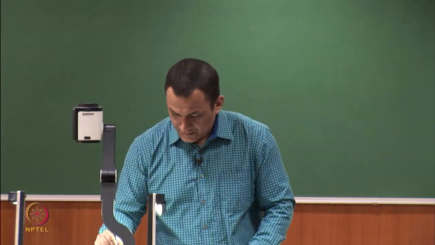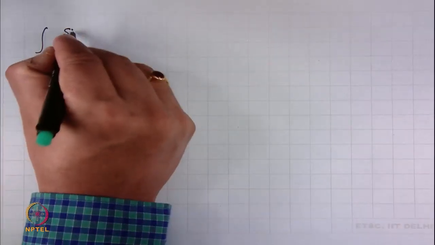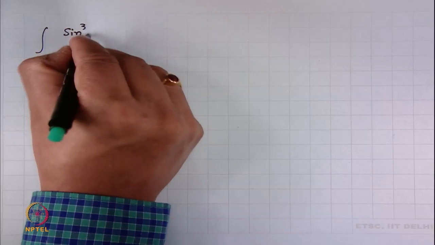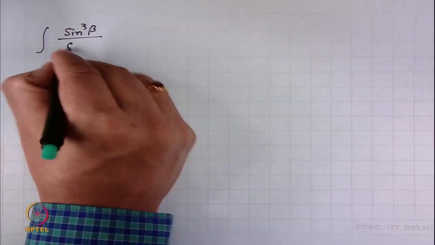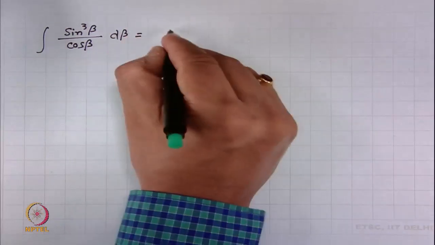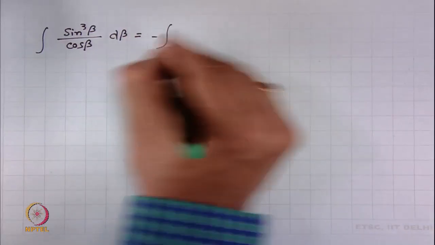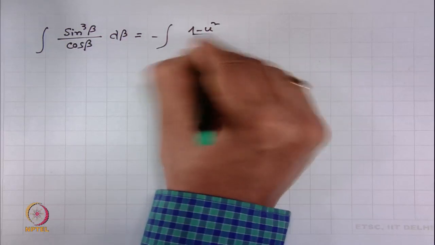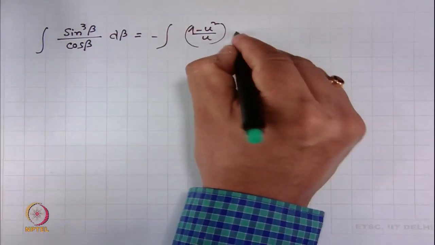So, we continue integration sin cube beta by cos beta d beta, minus 1 minus u square by u du.